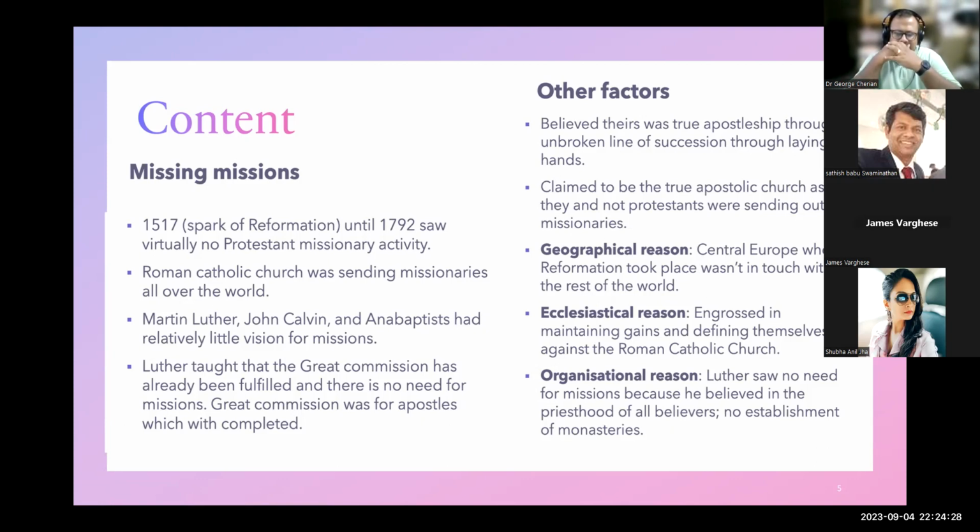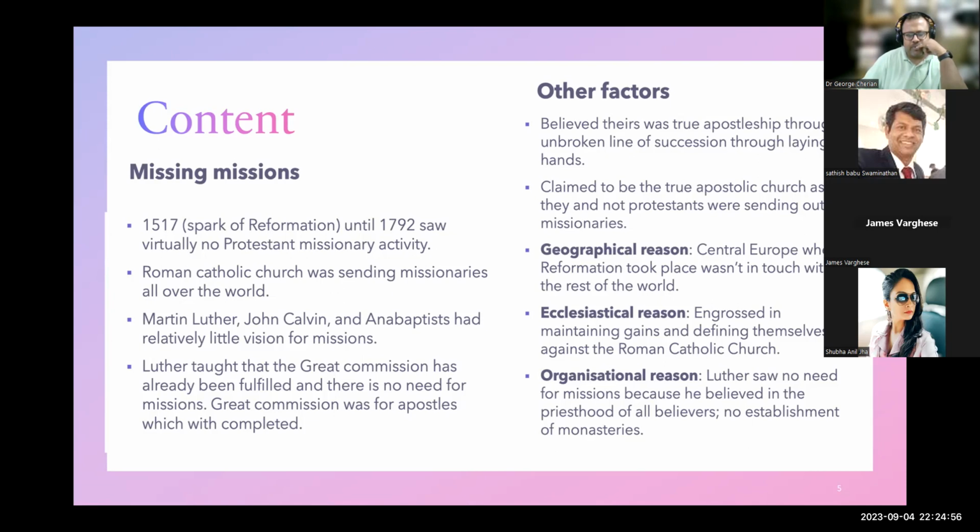And then the other reason is that they were more engrossed in maintaining gains and defining themselves against the Roman Catholic Church. This was not written there, but I'm assuming that any new sect or division that comes out from the mainstream has to pitch itself against it in terms of ideology and thought process, to show why they are different from the main.